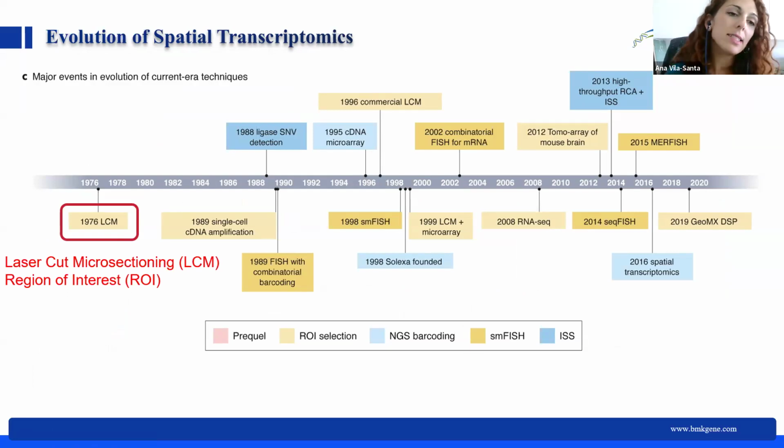The idea behind this is that we would have a tissue and we would use a laser to cut a very small microsection of that tissue, and that area being cut would be the region of interest, the one that we want to study. From that region of interest the RNA would be extracted and then we would do RNA sequencing, or RT-PCR, for example. So basically, this would enable us to study only that region of interest instead of the complete tissue.